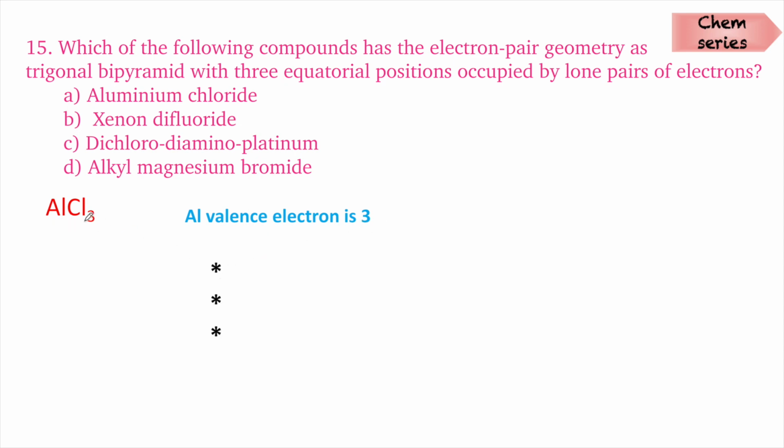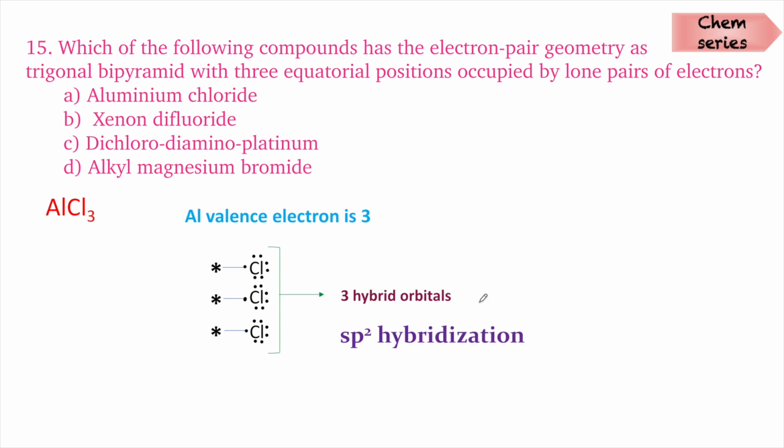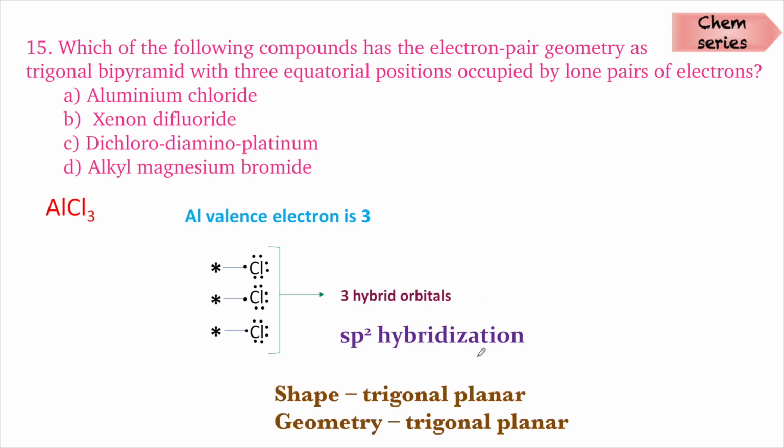It has 3 chlorine atoms, so it utilizes all the aluminum valence electrons for bond formation. So totally there will be 3 hybrid orbitals, that is sp2 hybridization, and the geometry and shape will be trigonal planar. We need trigonal bipyramid, so the first option is neglected.